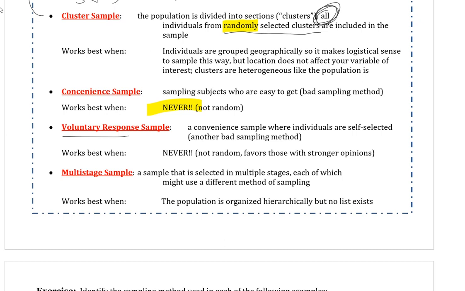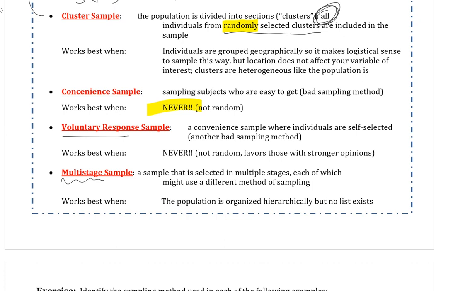Usually we have to do voluntary response in some way and mix it with things, and that's where we get multi-stage sampling. If you ever mix two sampling methods together or more, we call that a multi-stage. You'll very often see this with voluntary response because since we have ethics, we have to give people an option to opt in or out of a survey.